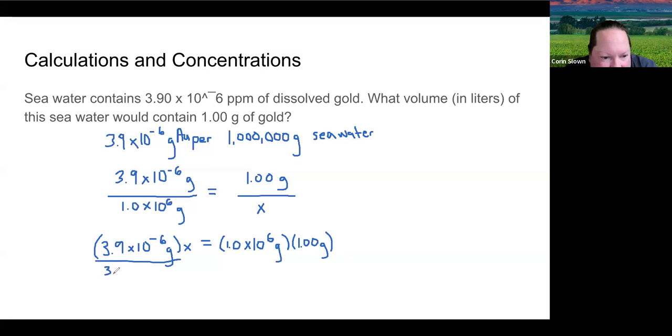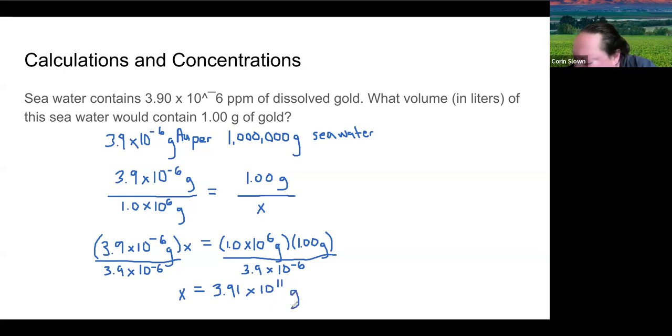So I'm going to divide everything by 3.9 times 10 to the negative 6th, but I have to do that on both sides. And so then x is going to be equal to 3.91 times 10 to the 11th, and that's going to be grams.